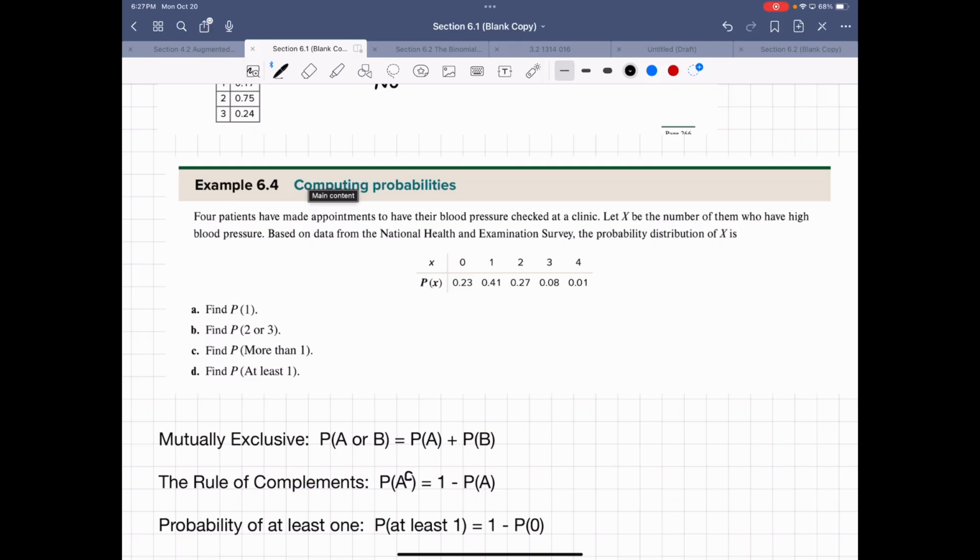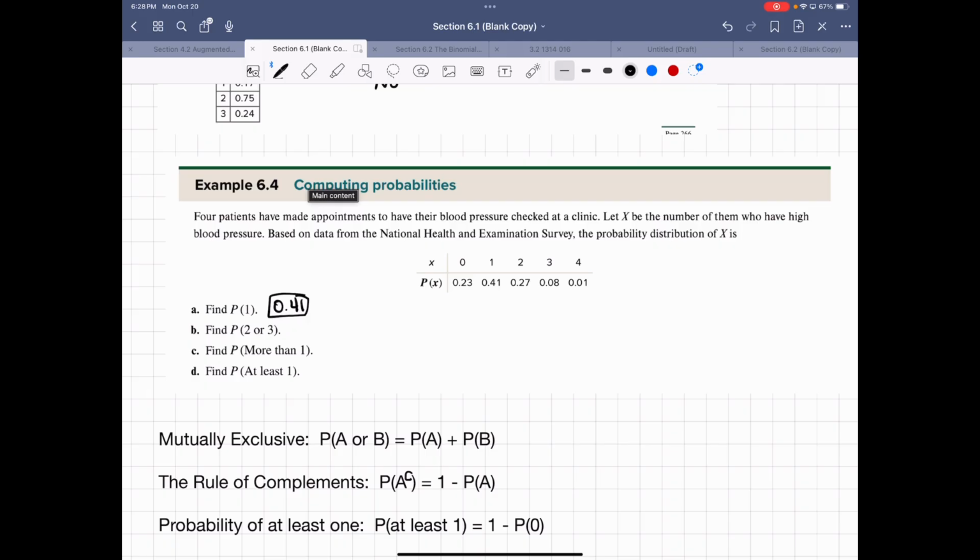Okay, so it says find the probability of one patient having high blood pressure. So what's that going to be? You just read the chart. 0.41. Okay. Now I want the probability of 2 or 3. Now these are mutually exclusive, right?